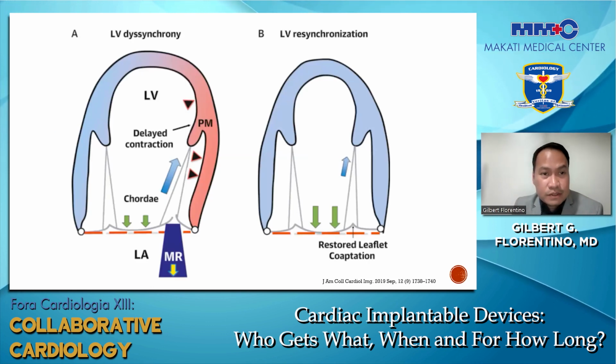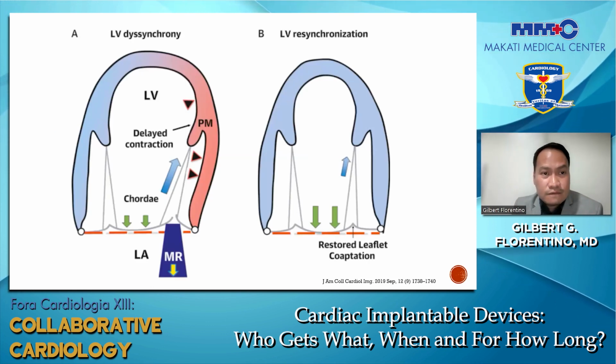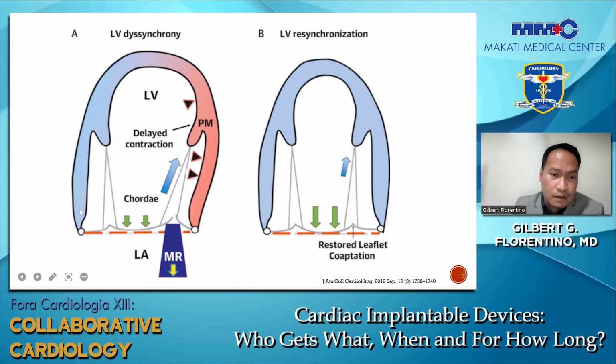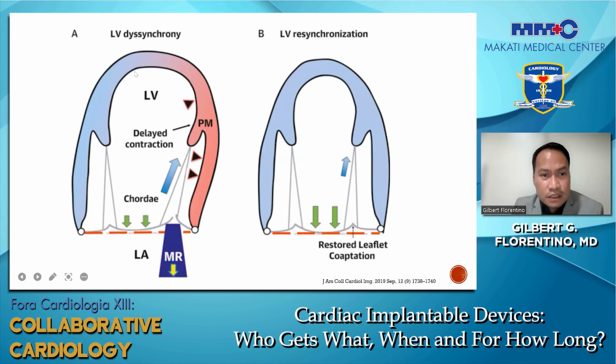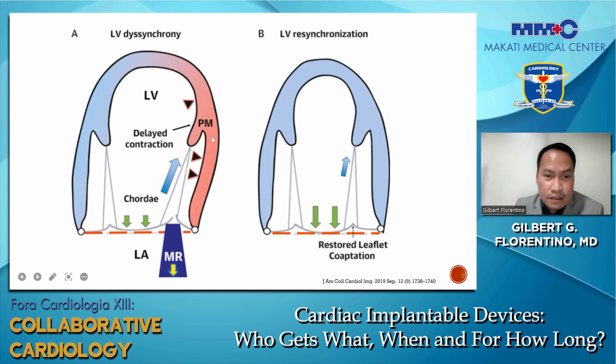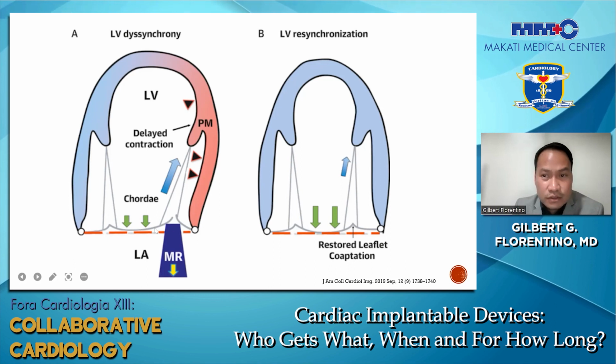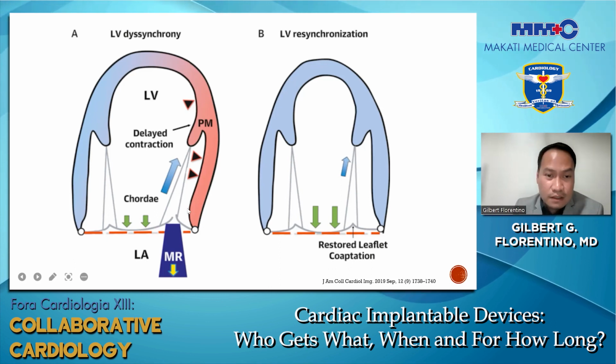So I have here a picture of what LV desynchrony looks like. You can see the non-uniform or unequal mechanical contraction, or electrical depolarization as well, of the LV, causing a delayed contraction of the muscle, which will worsen the mitral regurgitation and worsen heart failure as well.